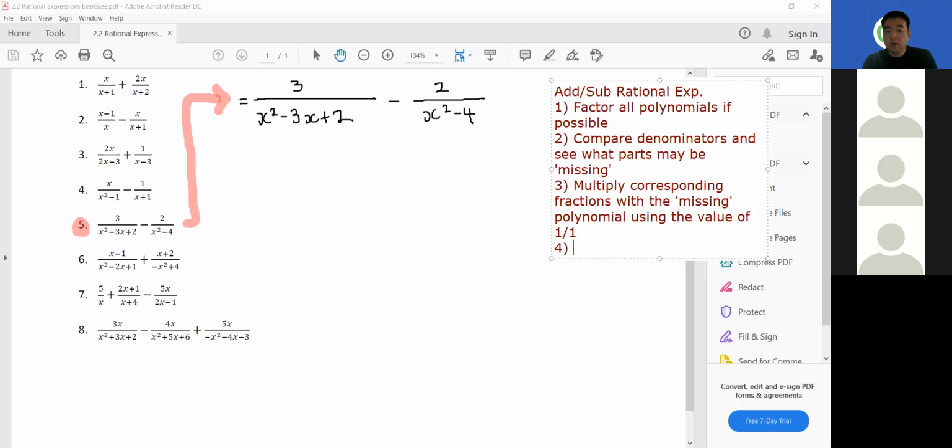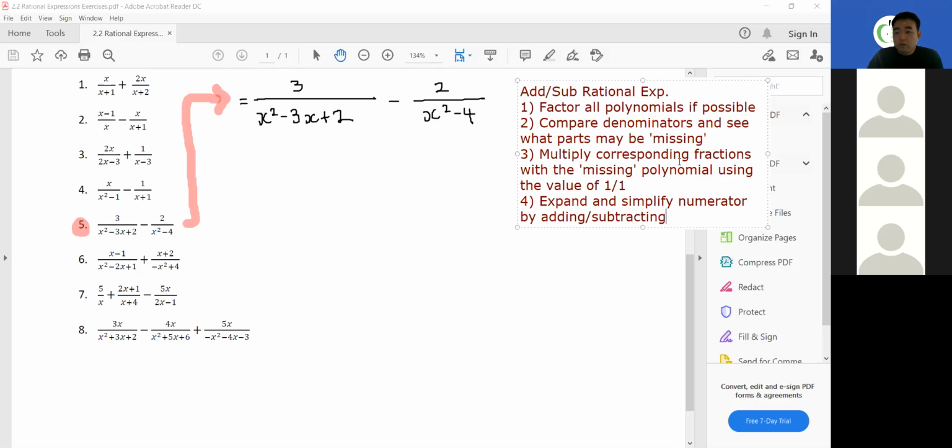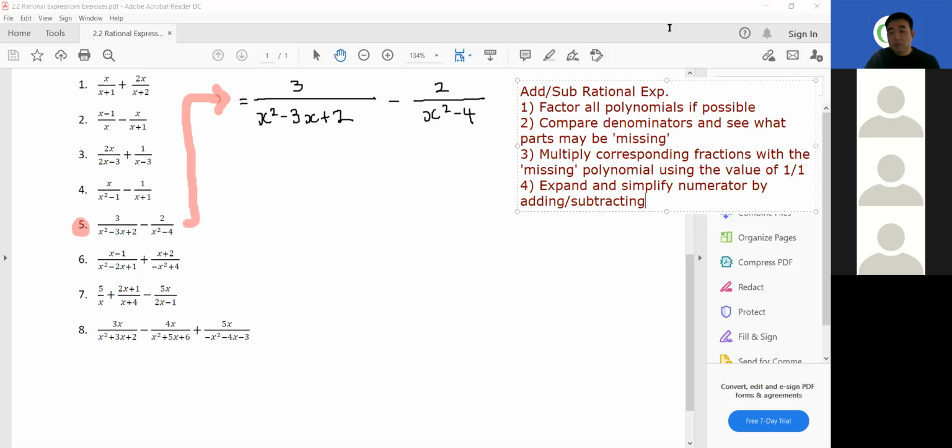And number 4, simplify, expand, and simplify the numerator by adding, subtracting. It's the best way I can do it. It's so much more difficult to explain with steps and rules than it is to demonstrate.